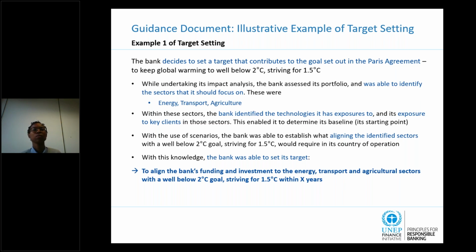So in order to find out where to focus on, we need to first look at the breakdown of the exposure and maybe the revenues in each sector in our portfolio, and what are the sectors in, let's say, each type of operation, such as retail banking or SME banking, corporate banking, and investment banking.